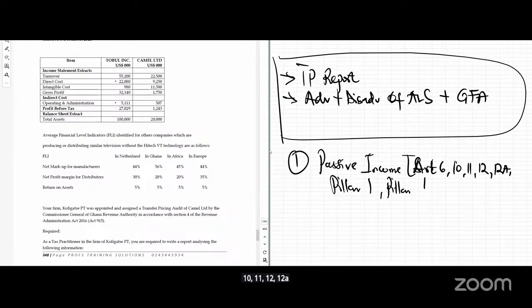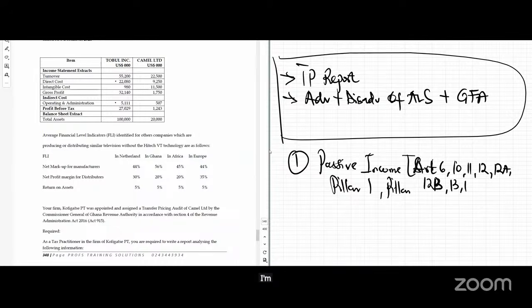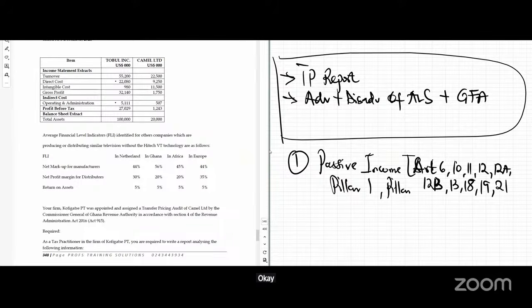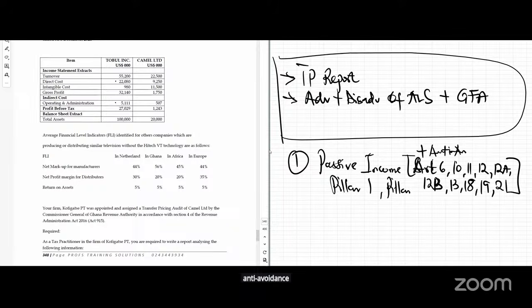Now, last year they brought 12B. I know most of you have not heard it before. I'll teach you article 12B. I'm going to teach you article 13, article 18, pensions, article 19, government service. Then I'll teach you 21. That's what I will mostly focus on, passive income, together with anti-avoidance. So we'll talk a bit about the anti-avoidance rules.